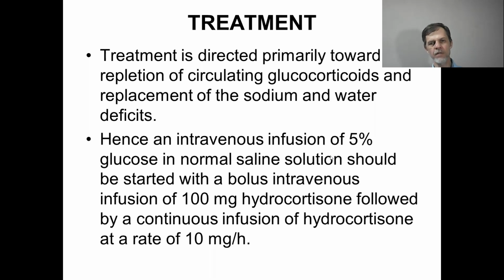First intravenously, at least 100 milligrams of hydrocortisone, and then continuous infusion because we create an intravenous line, and the patient gets 10 milligrams of hydrocortisone per hour. And don't forget about mineralocorticoids, to replace absence of aldosterone too. Okay, that's all about this rather rare disease.